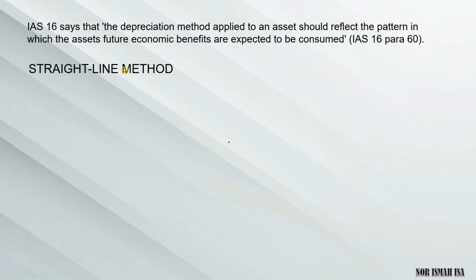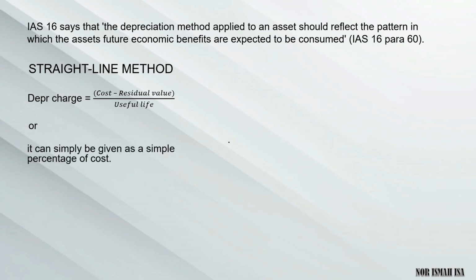Now we start with the straight line method. This is the formula. The depreciation charge is the cost minus residual value over the useful life. I will explain the terms more. Or it can simply be given as a percentage of the cost.